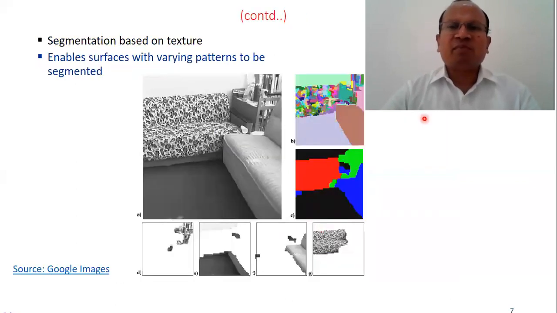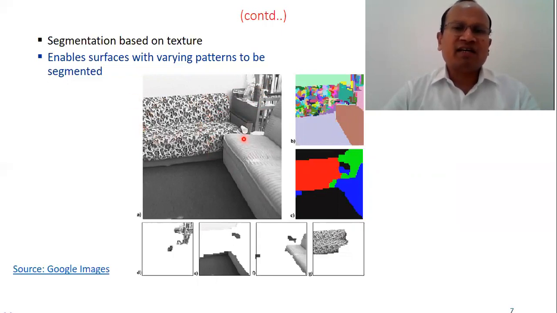If you see this example, it is based on texture. If you see the first picture, there is a sofa, right? This is another one, and there are some other kind of tables, over which some bottle or water bottle kind of stuff is kept. So you see this particular area has a different texture.